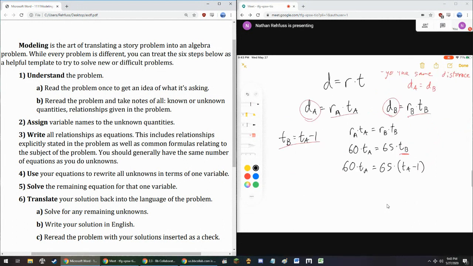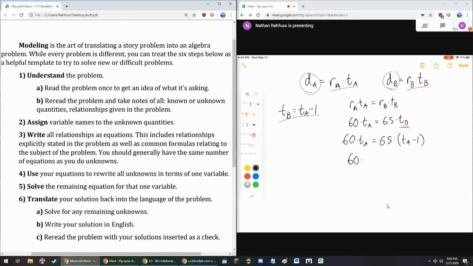I'll distribute. I can subtract 65 TA from each side. So I'll subtract that expression. On the right side, they cancel out.